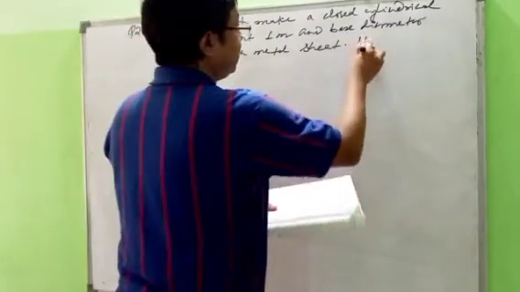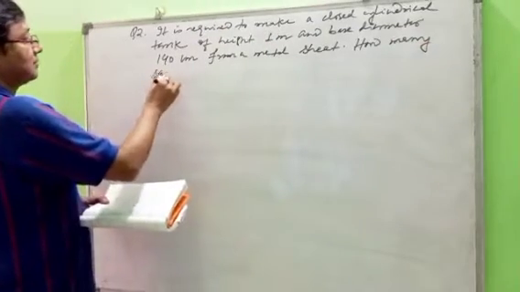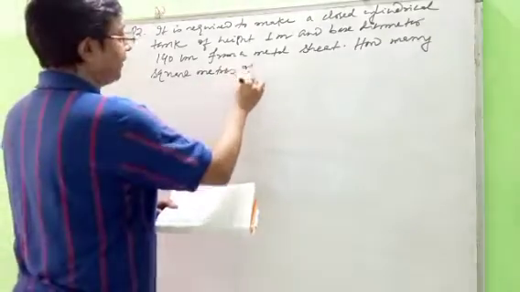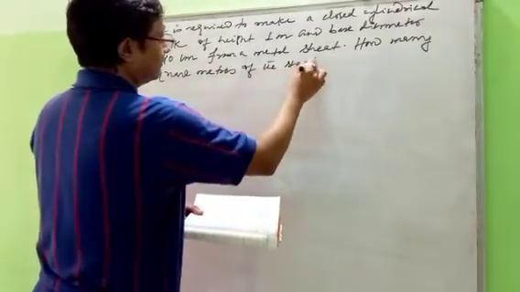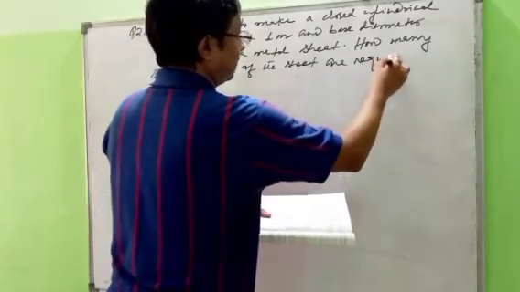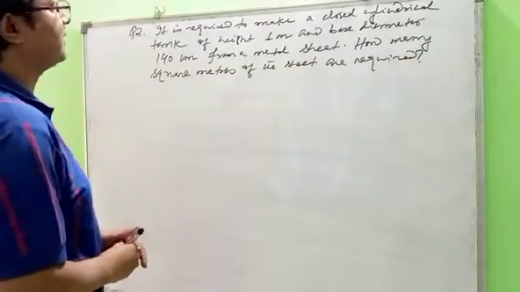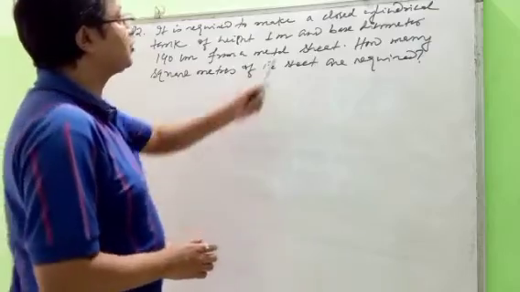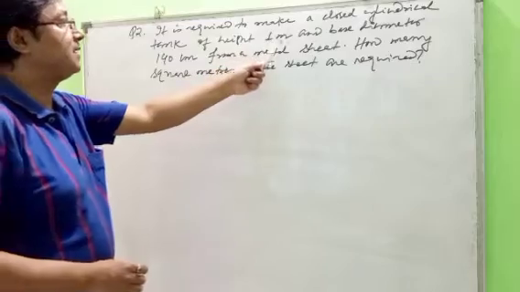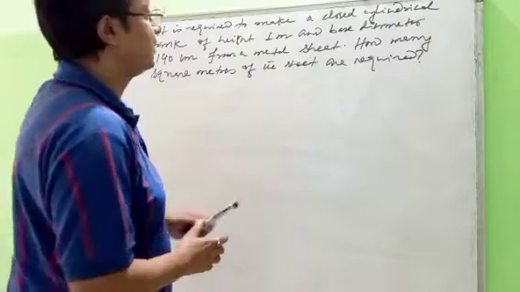How many square meters of the sheet are required? So now here they have given it is required to make a closed cylindrical tank of height 1 meter, and the base diameter is 140 centimeter from a metal sheet.